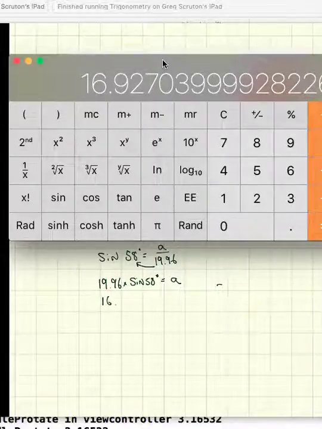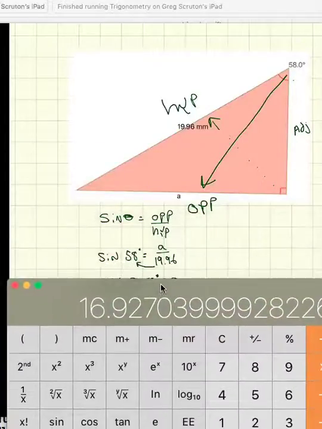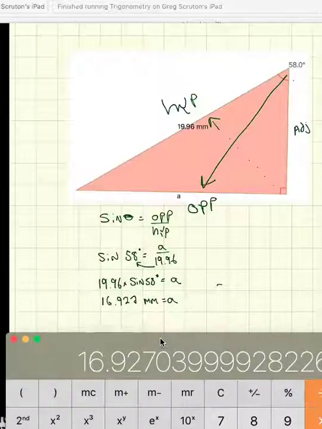So 16.927, and the units are millimeters, is equal to A. Okay, so 16.927 millimeters.